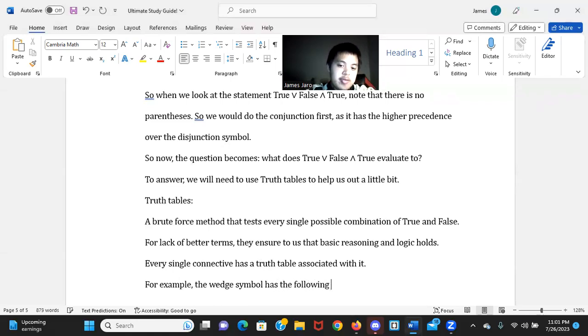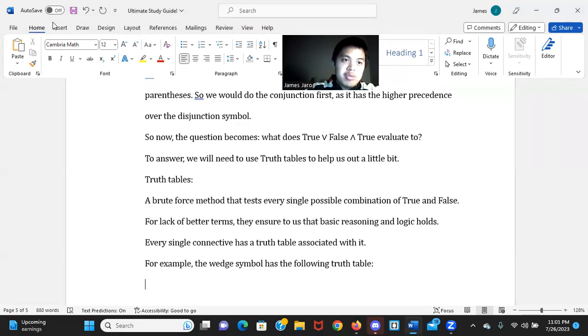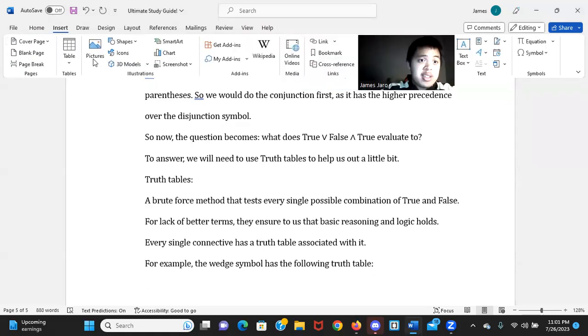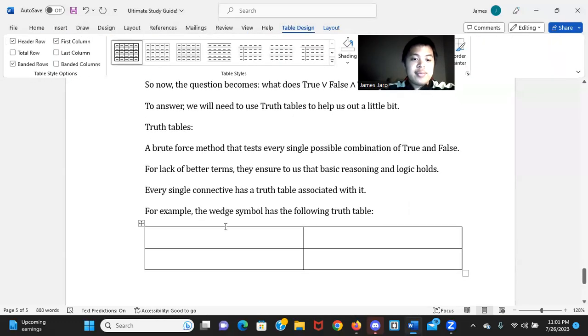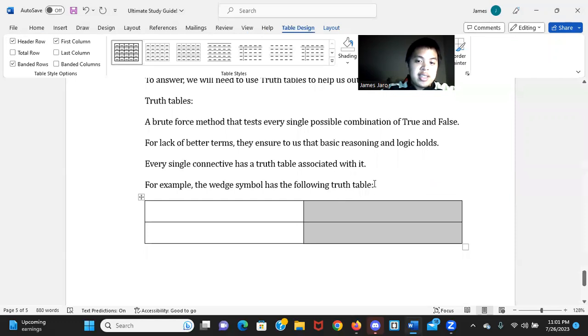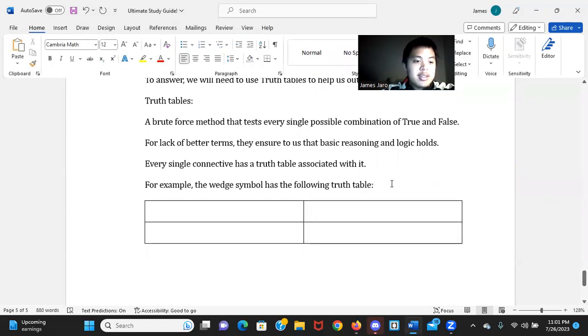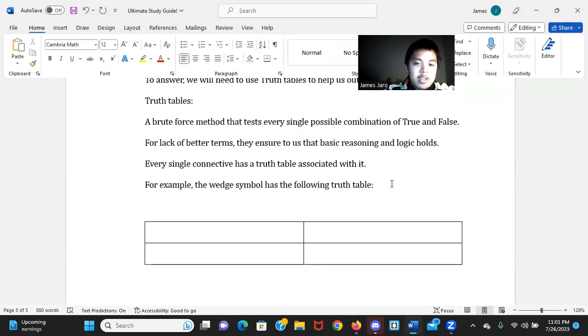And let's show that with this. So what I'm going to do is simply insert a truth table. And what we're going to say is that suppose we have two events, P and Q.